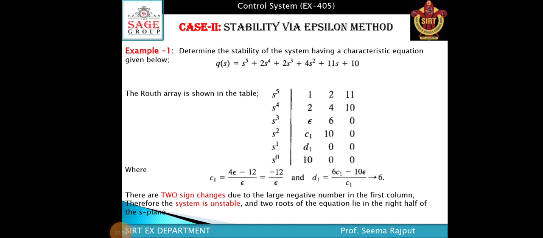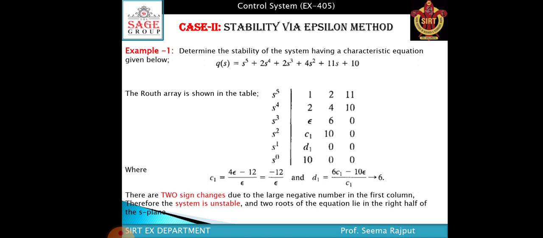That example is: determine the stability of the system having the characteristic equation given below. The characteristic equation is s to the power 5 plus 2s to the power 4 plus 2s cube plus 4s square plus 11s plus 10. Firstly, we have to draw the Routh array table.